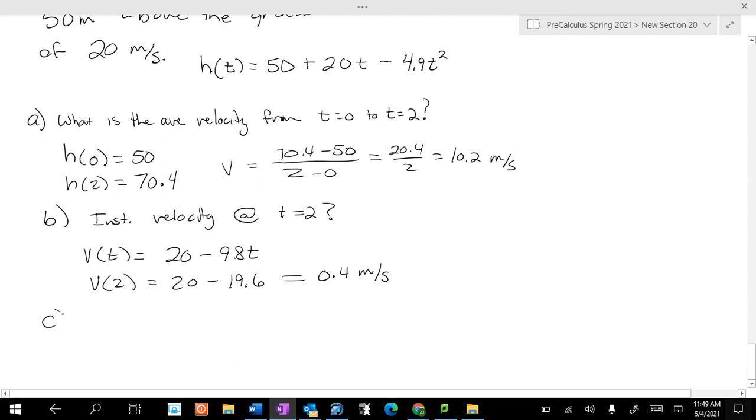Okay? What is the acceleration at time equals 2? What is the acceleration function?